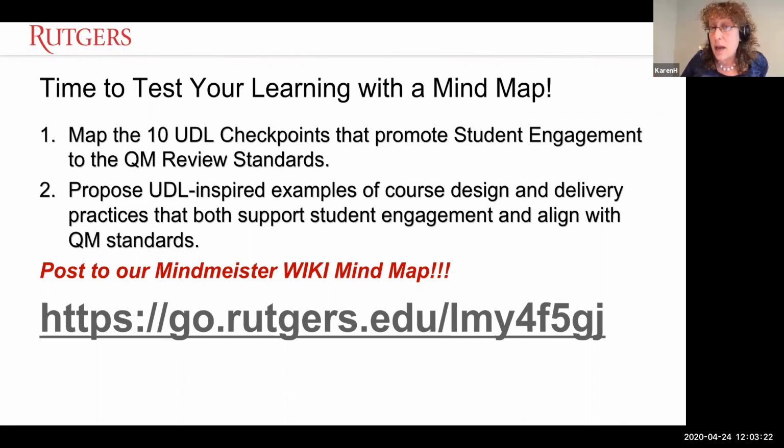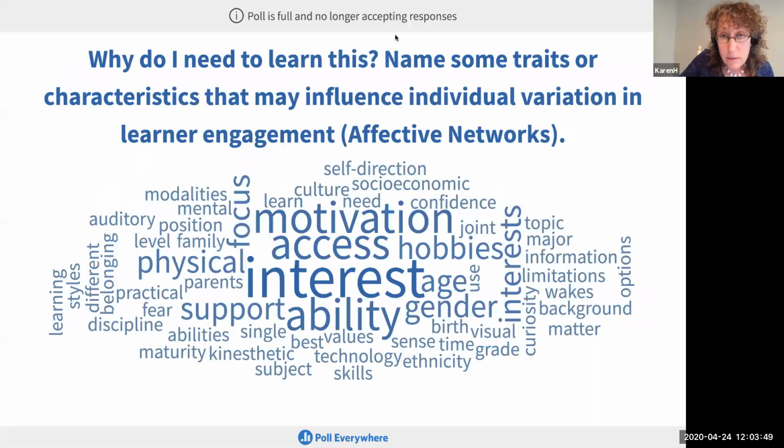And again, I'm really hoping for your participation, because I'm going to download this map once we've got a lot of participation, and submit it so that you can go back to it. As you're thinking about applying Quality Matters standards, you can take that next step and also apply the checkpoints of Universal Design for Learning.